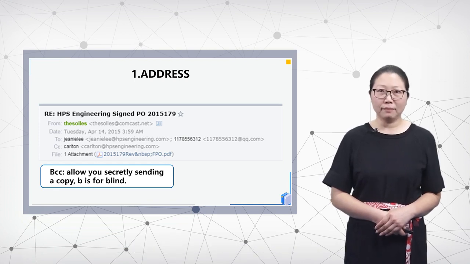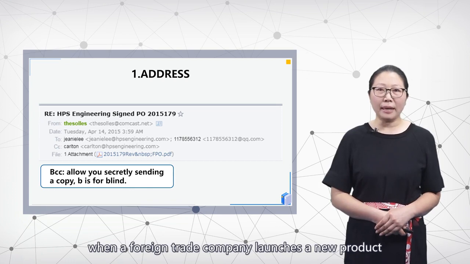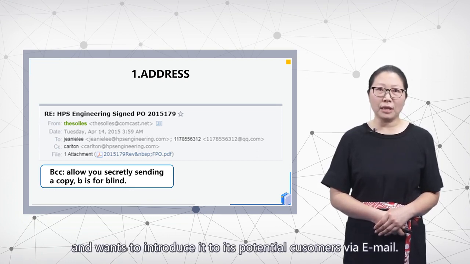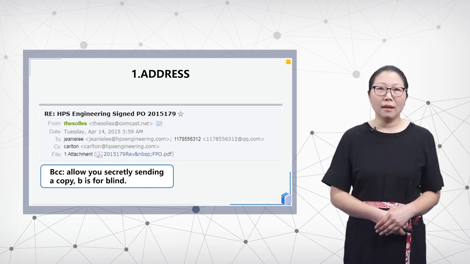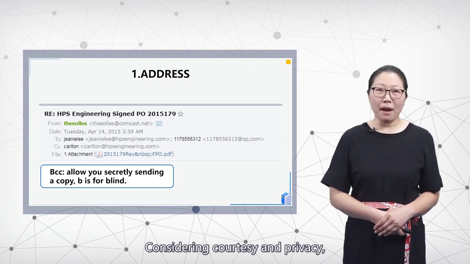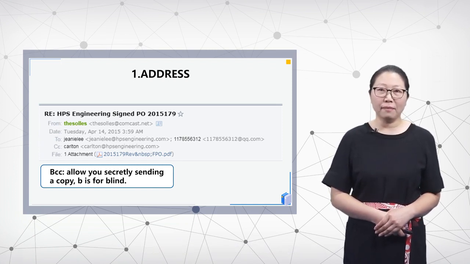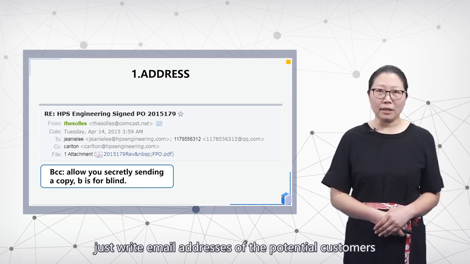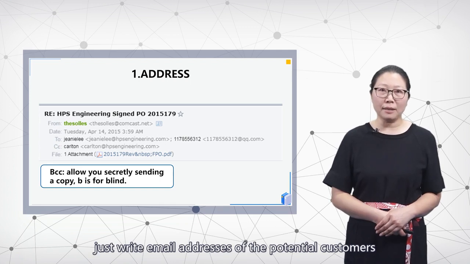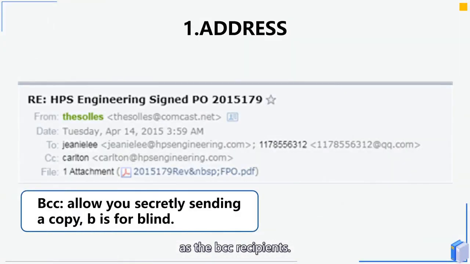For example, when a foreign trade company launches a new product and wants to introduce it to its potential customers via email, considering courtesy and privacy, it does not want customers to know each other. In this case, just write email addresses of the potential customers as the BCC recipients.